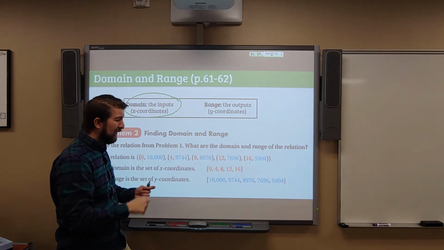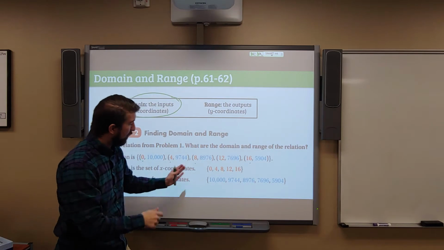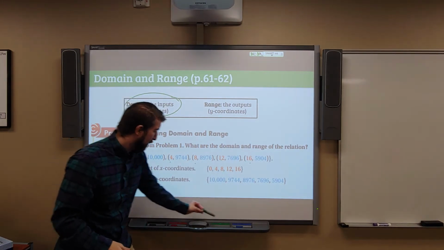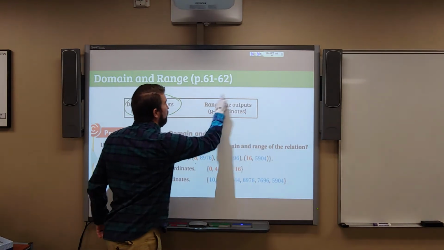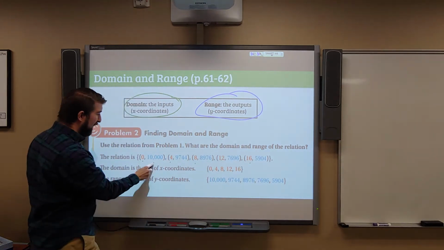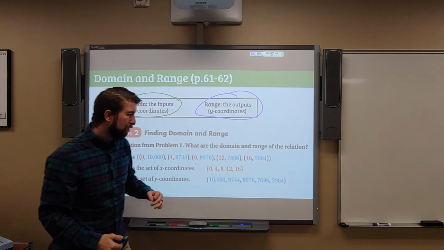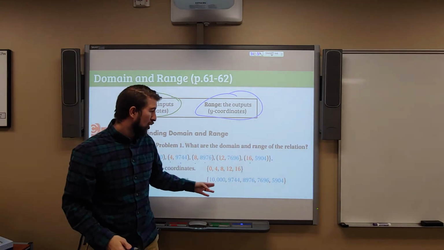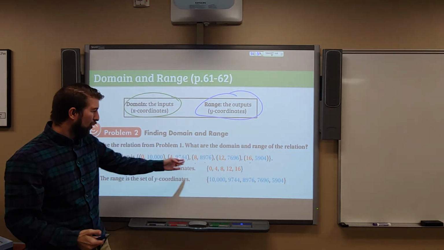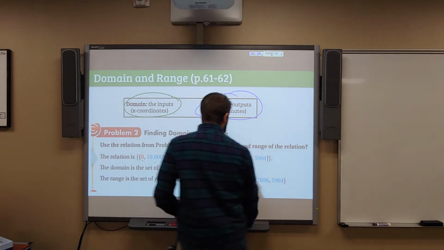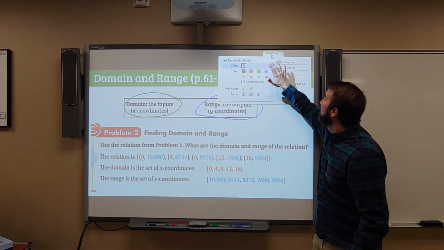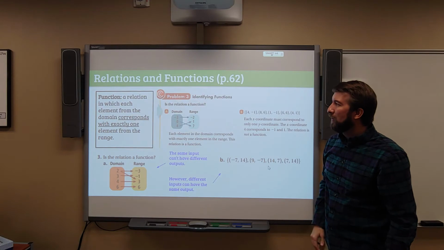Notice it's a squiggly bracket on each side. We just include those. That's the domain. Same thing for the range. It's highlighted in blue, and we would just put them in order. It doesn't necessarily have to be in numerical order, as you can see. It's just the order of how they're listed. That is finding domain and range.